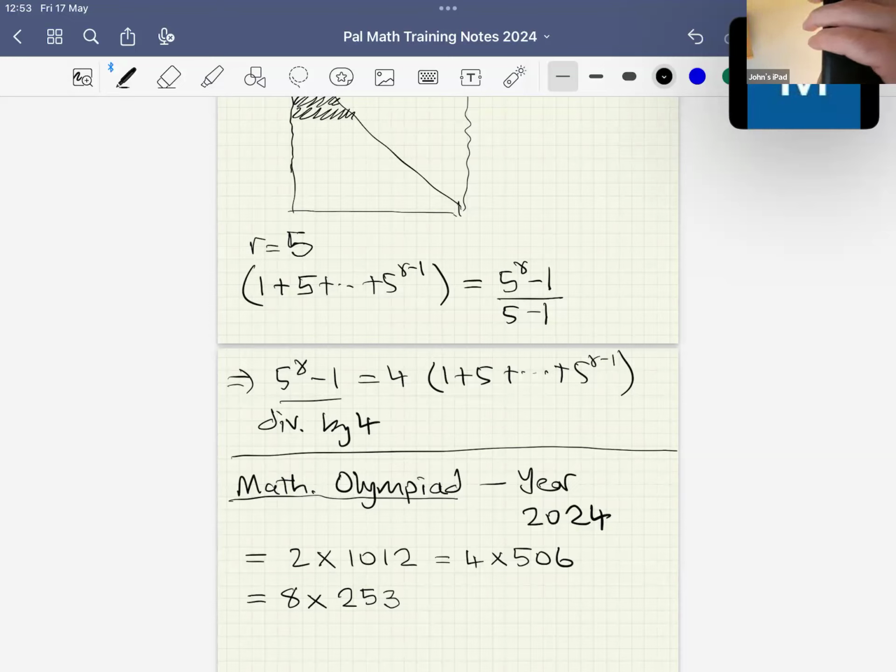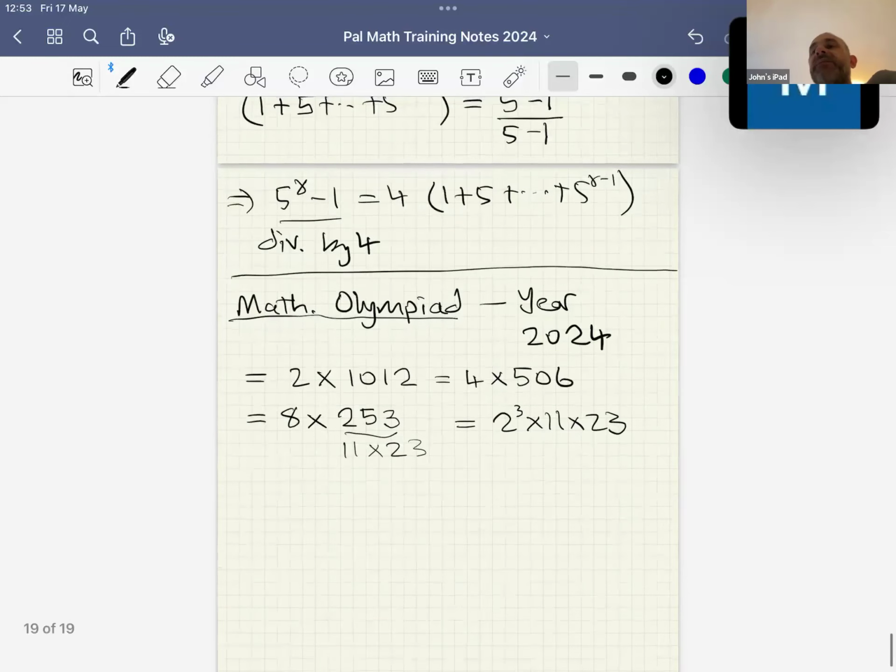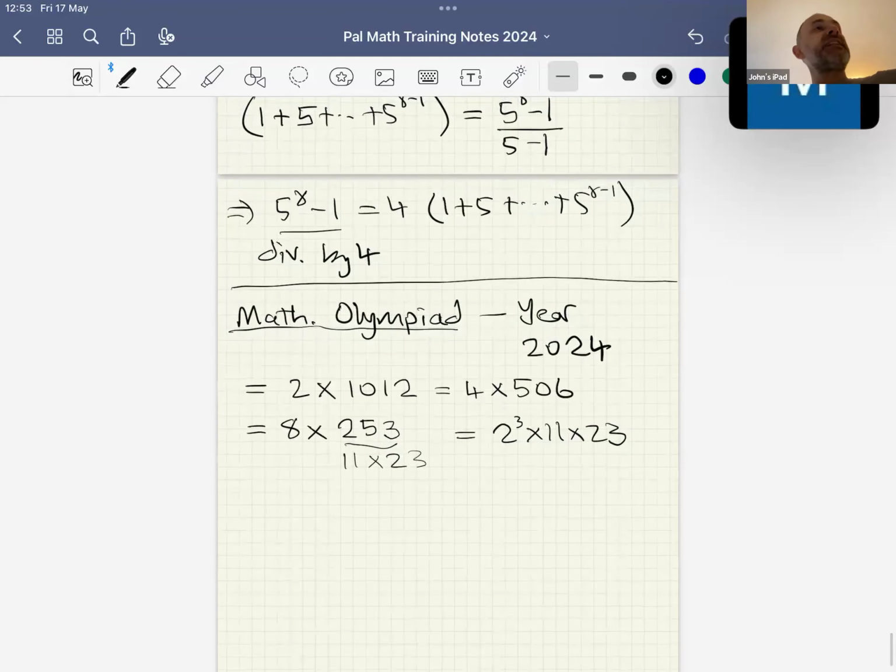Is it 11 times 23? Is that right? So 230 plus 23 is 253. Okay, so the prime factorization is 2 cubed times 11 times 23. So anyway, just bear that in mind. That is likely to come up in some problem in the Olympiad.